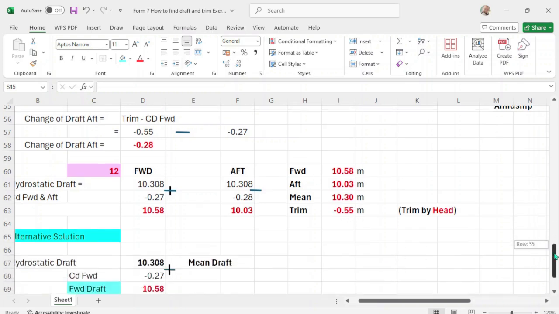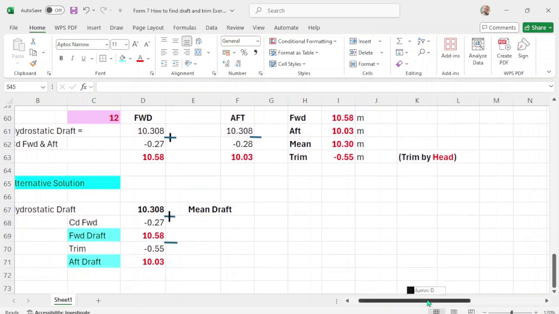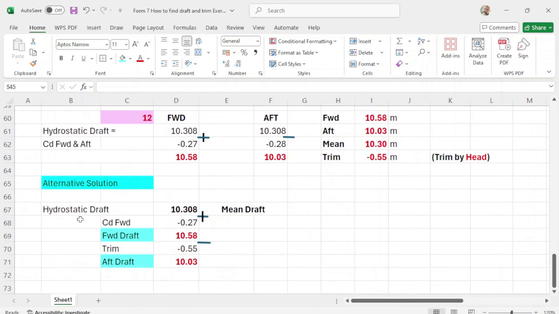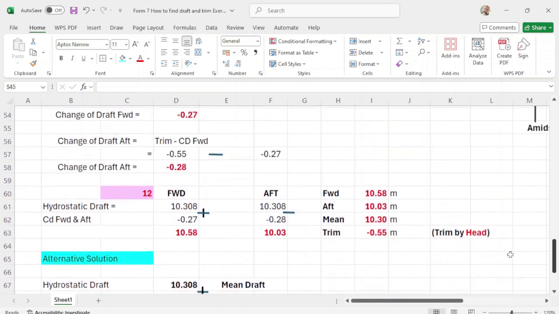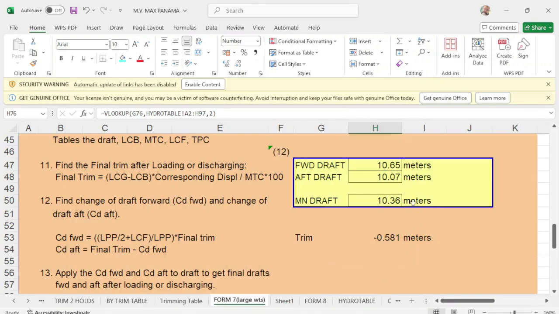And there's another solution here. Your hydrostatic drop is 10.308. You add your change of drop forward, so you have more drop here of 10.58, which is the same, minus your trim of 0.55, then your drop up will be 10.03. Okay, so this is what I have, and what is the result of the program. The forward drop is 10.65.